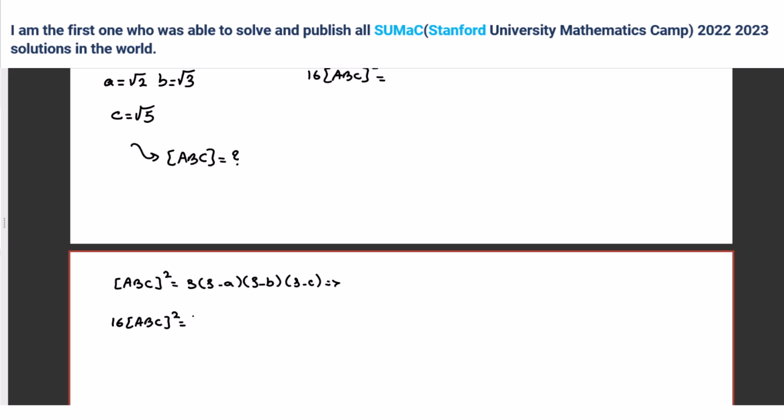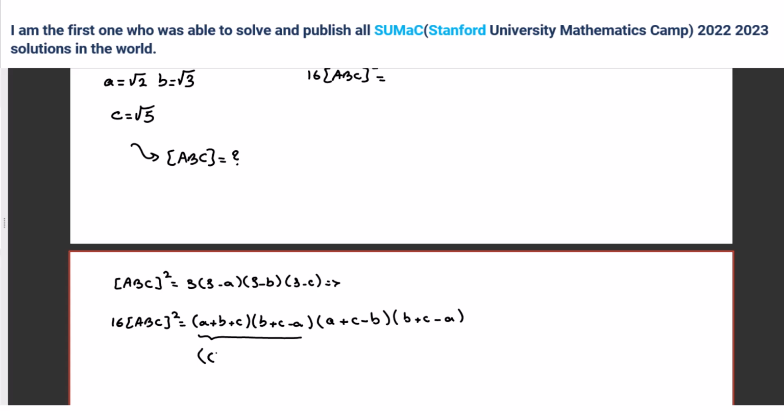A plus B plus C times B plus C minus A times A plus C minus B times A plus B minus C. Okay. Then this product is what? What squared minus what squared?